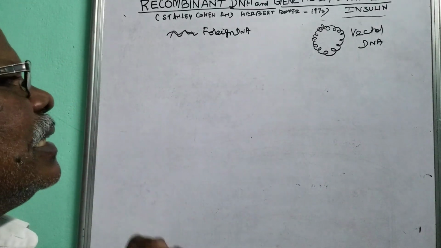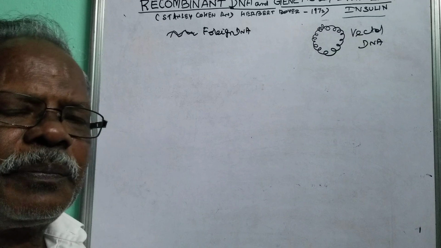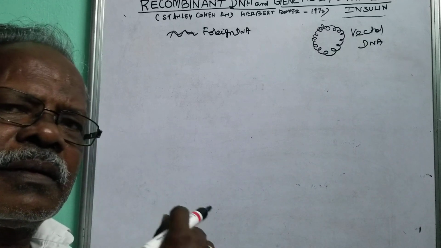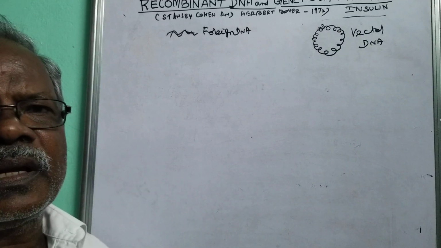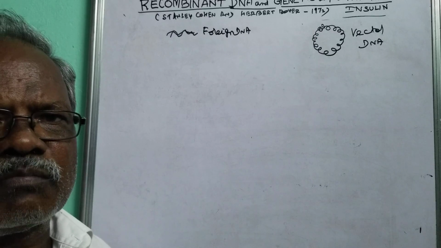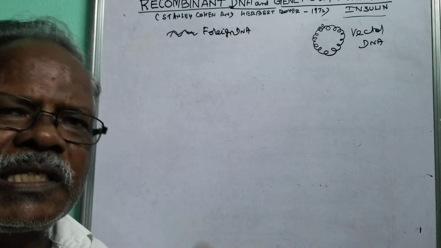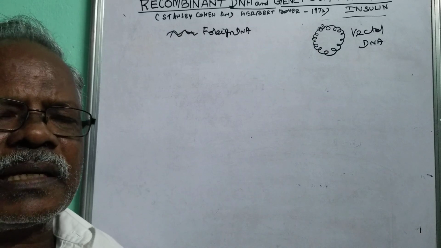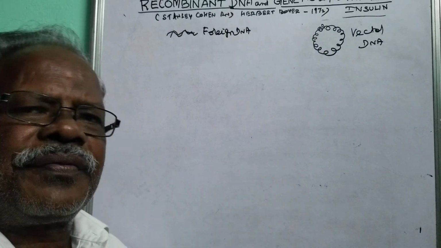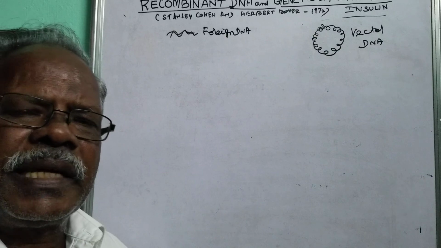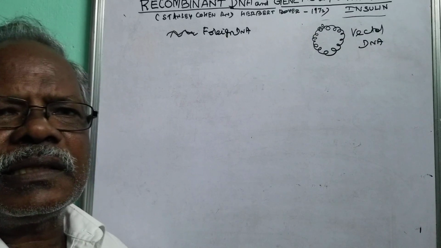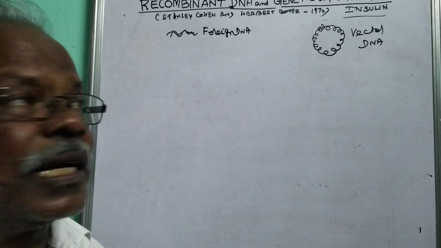Here the foreign gene, with the help of endonuclease, which is always called molecular scissor, at a specific place it will cut a piece of DNA. That is called molecular scissor or endonuclease.